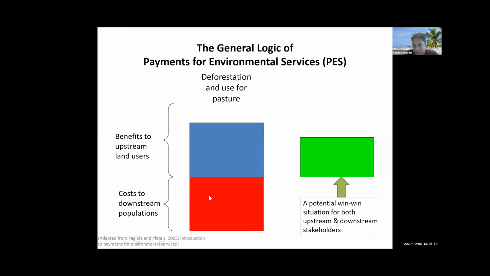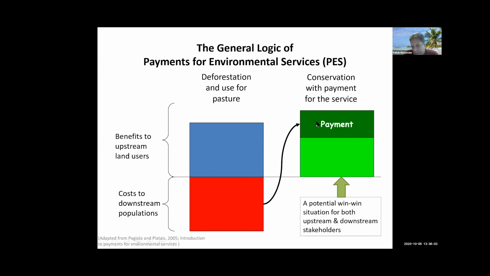For example, if they're overfishing or dumping things in the water, fishermen downstream might be adversely affected. But the idea is to create some payment mechanism, which is probably somewhere in between.